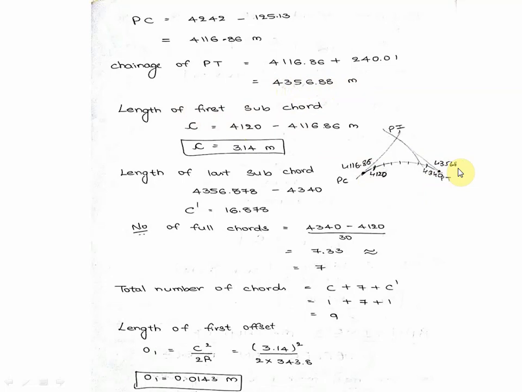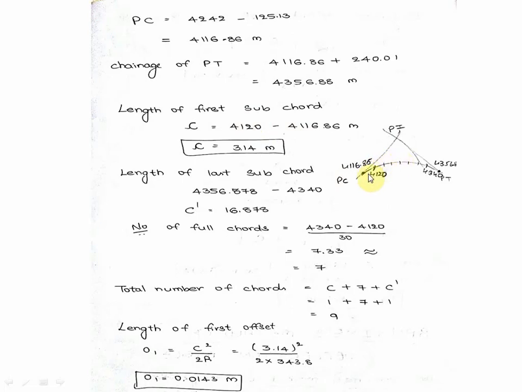Next you have to calculate length of first subchord and last subchord. So first we'll calculate length of first subchord, that is small c. See what they have done here: first chainage is 4116, and as the length increases the chainage increases, correct?